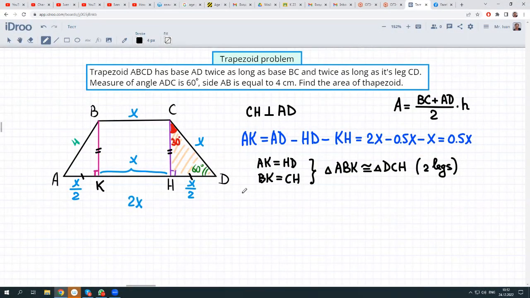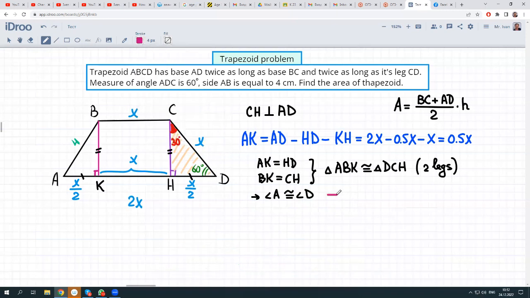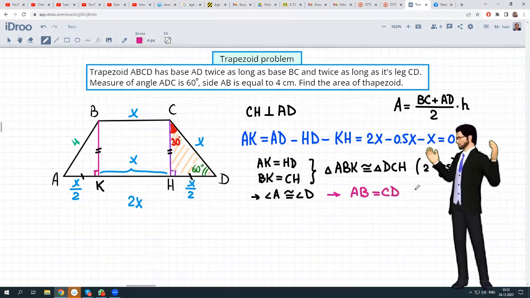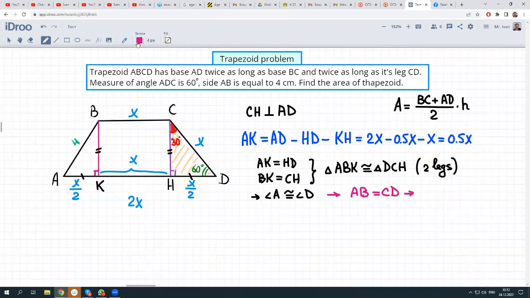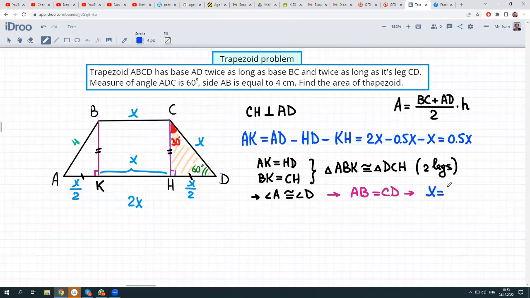Well, since congruent triangles have the same corresponding parts, angle A is congruent to angle D. Am I correct? That leads us to a very firm statement that our trapezoid is isosceles, which means AB is equal to CD. And that's great, because now CD is equal to 4. So x is equal to 4.